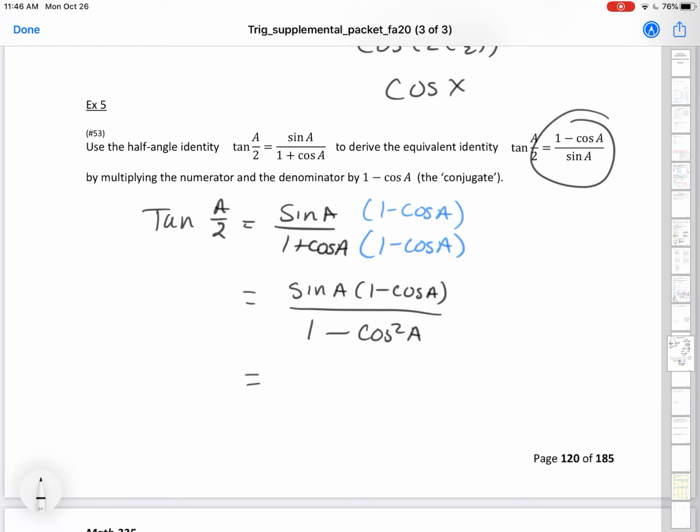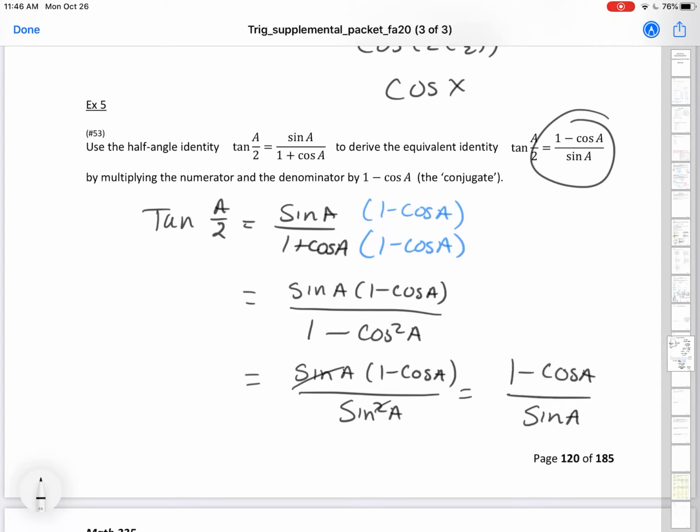Now you know why we did that. This is sine a times 1 minus cosine a all over sine squared a. Well, one of these sine a's can cancel. So that's 1 minus cosine a all over sine a, which is exactly what we wanted to show.